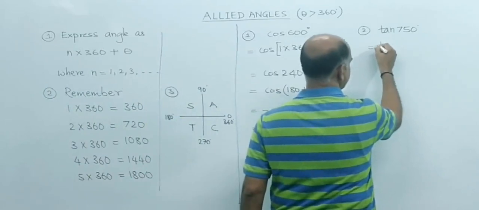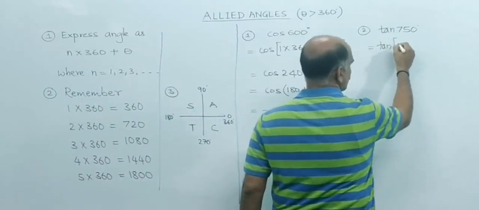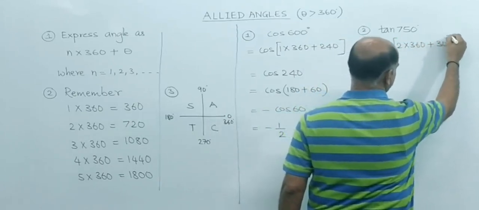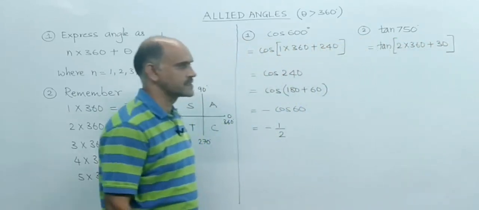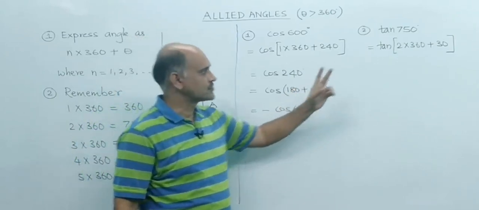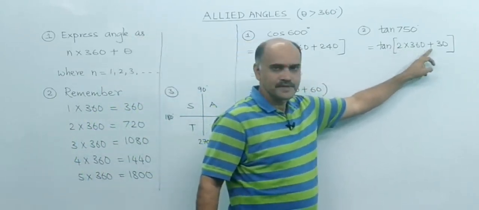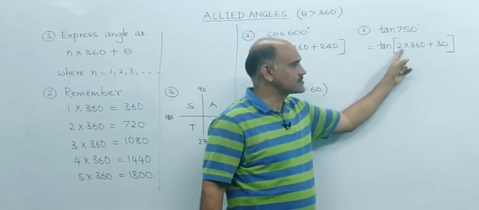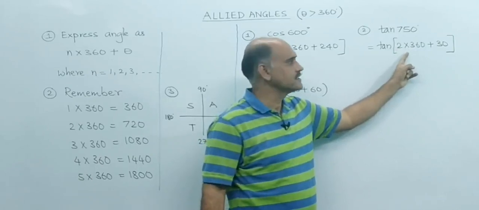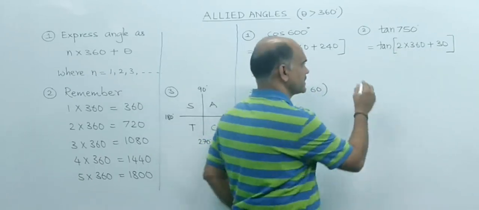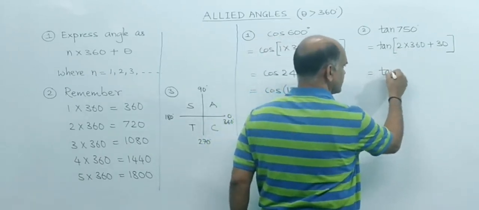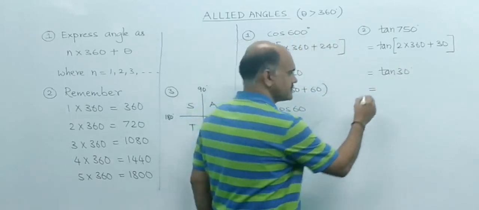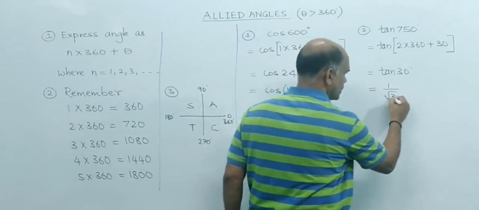So tan of 2 into 360 plus 30. Here compulsory plus has to be there. In next step this term 2 into 360, you leave it. So what remains? Only 30. So you will have tan 30. Now substitute value. Tan 30 is 1 by root 3.